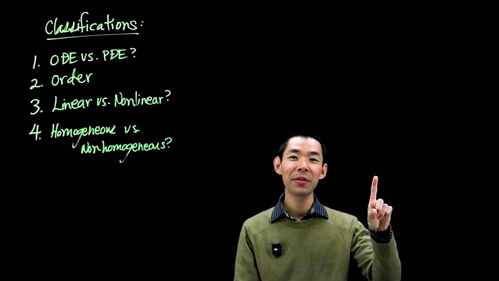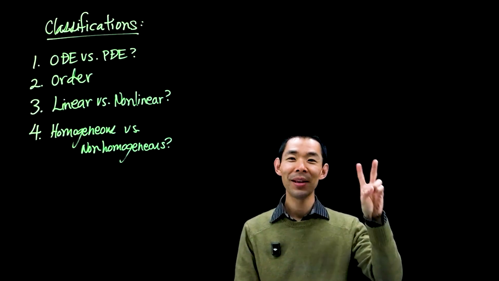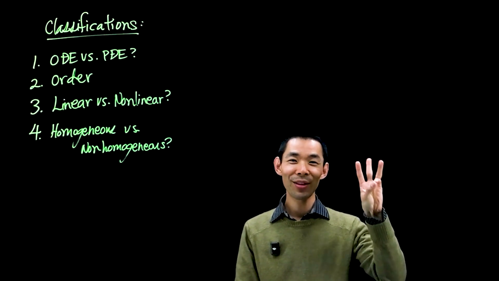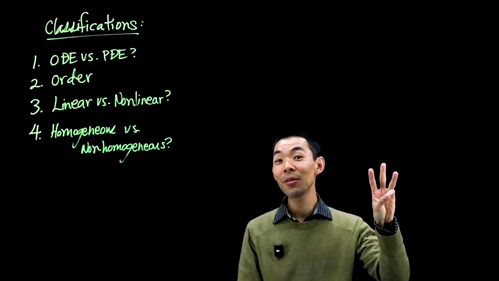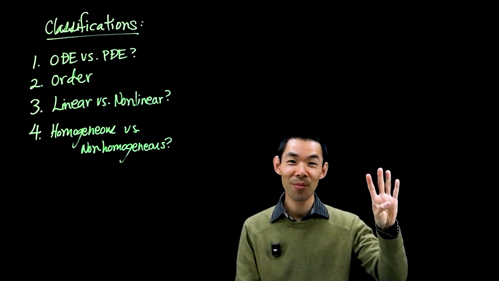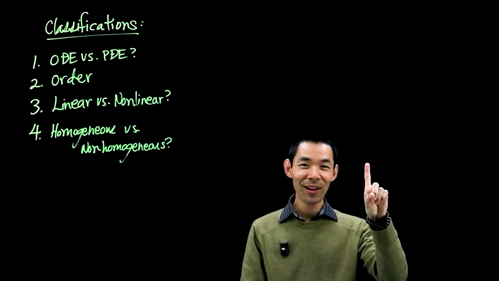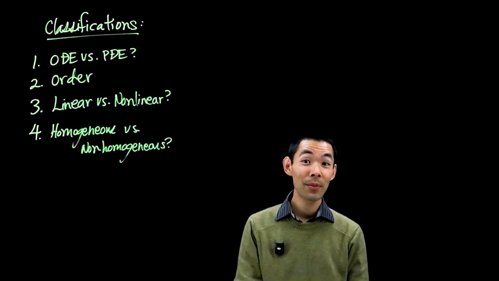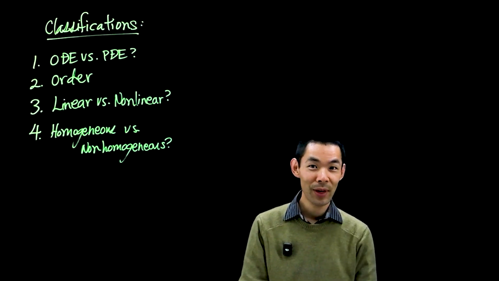Ordinary differential equation versus a partial differential equation. Second question, what is the order of the differential equation? The third question, is it linear or nonlinear? Lastly, is it homogeneous or non-homogeneous? Let's start with classification number 1. Is the equation an ODE or a PDE? Let's write it down.